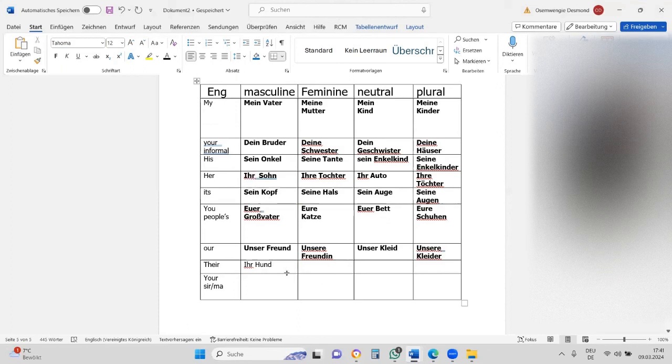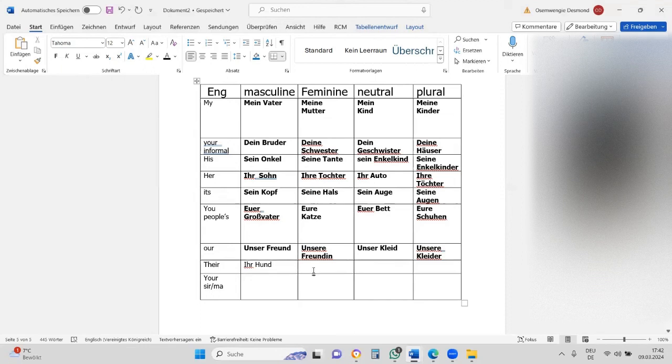How do you know the difference? Like I said, the difference is known to the speakers. If two people are referring to something, then they should know what ihr is referring to. Unless you come in as a third party and don't have an idea what they're talking about, then they will tell you that, oh, we are talking about our dog. That's what we call a word in context. So please be very careful with that.